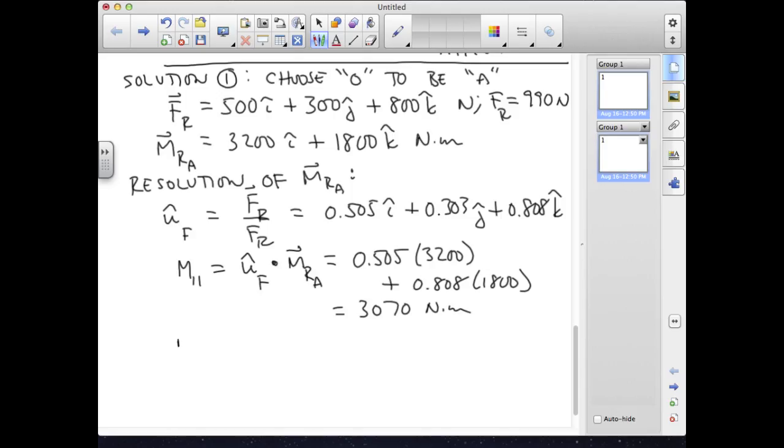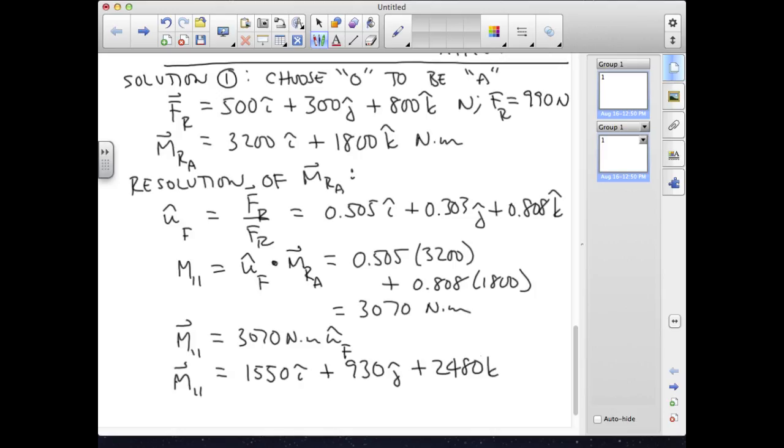So our M parallel vector is 3070 newton meters on the unit vector that points in the direction of F, and that ends up being equal to 1550I plus 930J plus 2480K newton meters.